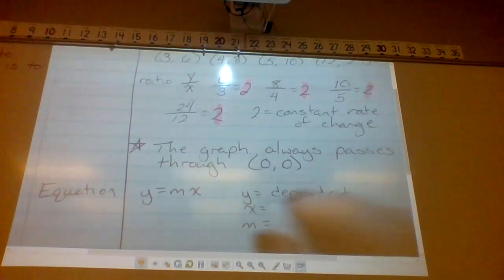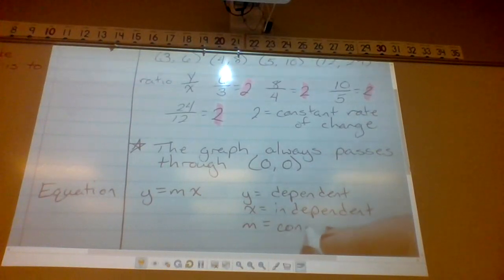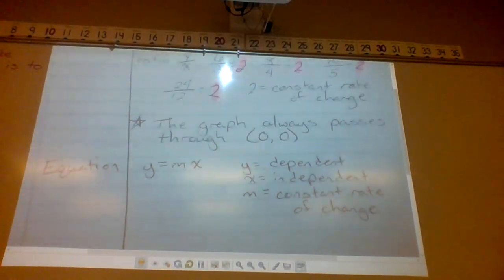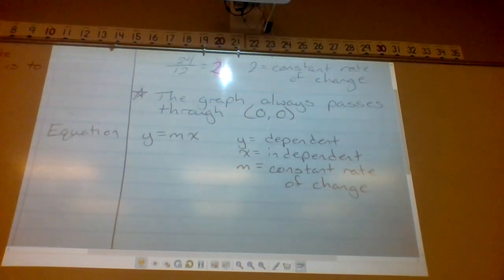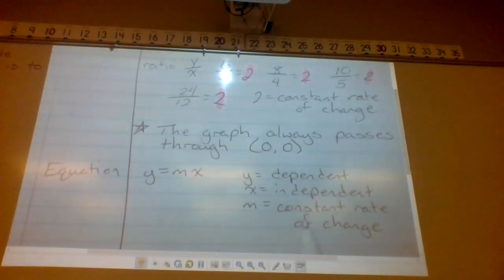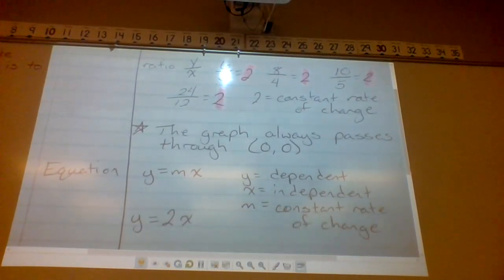M is the constant rate of change, or the slope. What that means is you guys just found the slope on these ordered pairs. How you would write that in equation form is y equals 2x.